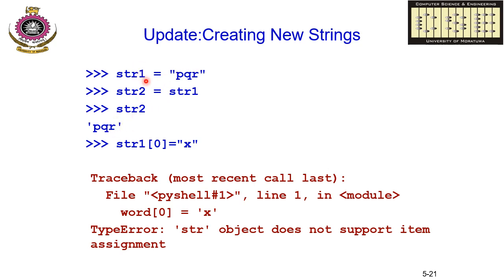Same goes with str1. However, if you try an item assignment, it will fail, because it will complain that it's a type error: str object does not support item assignment. We have seen this error previously as well.